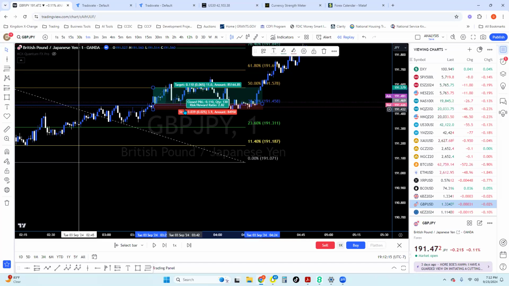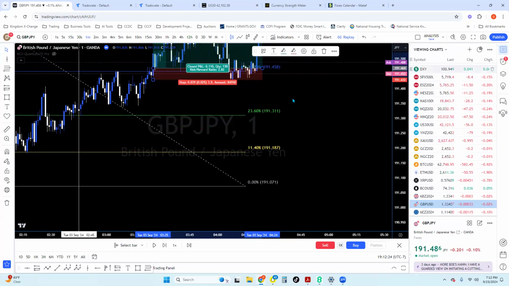You can go bigger, because $500, how many pips of a loss is this? Like 3.39. Your stop is nothing. So just imagine dividing that by $500. You can go to a much bigger lot size there, if that was your number.